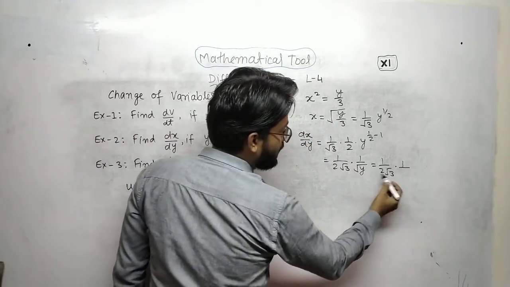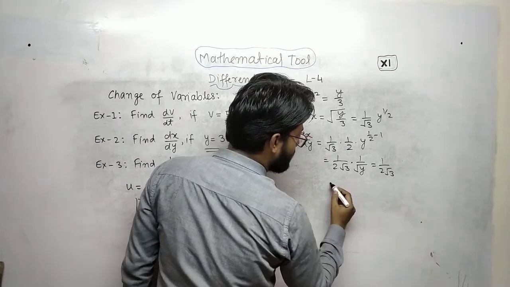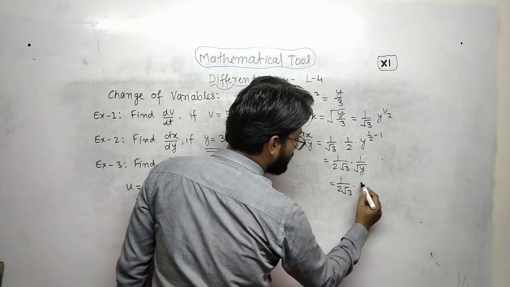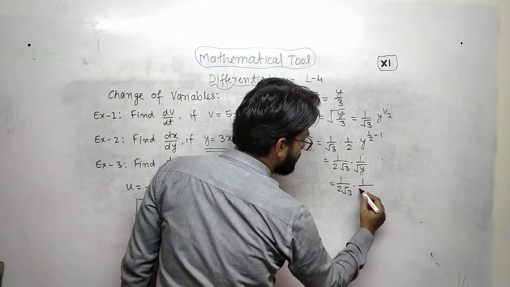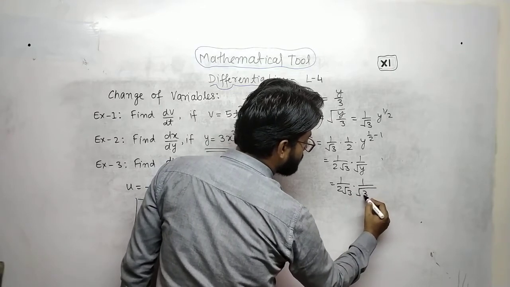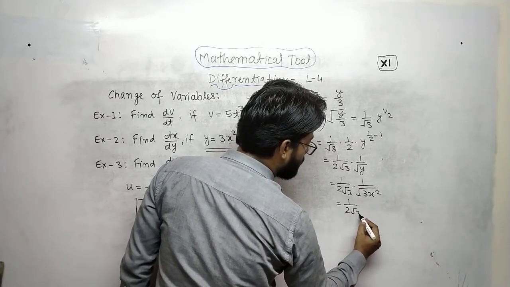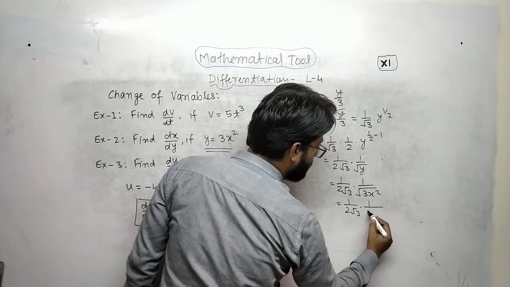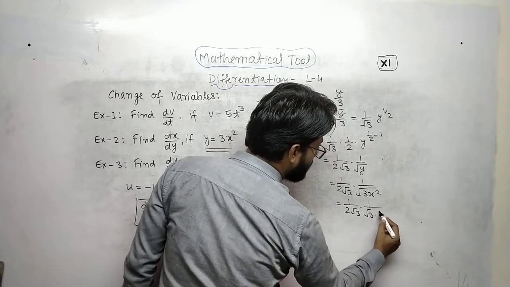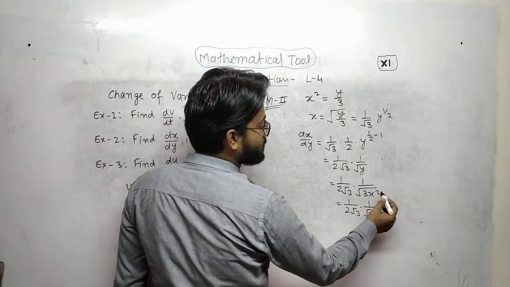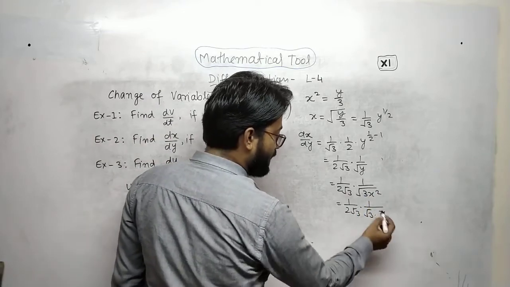You can put here 1 by 2 root 3, 1 upon under root 3x square, which is 2 root 3, 1 upon root 3 into x. Under root x square becomes x only.